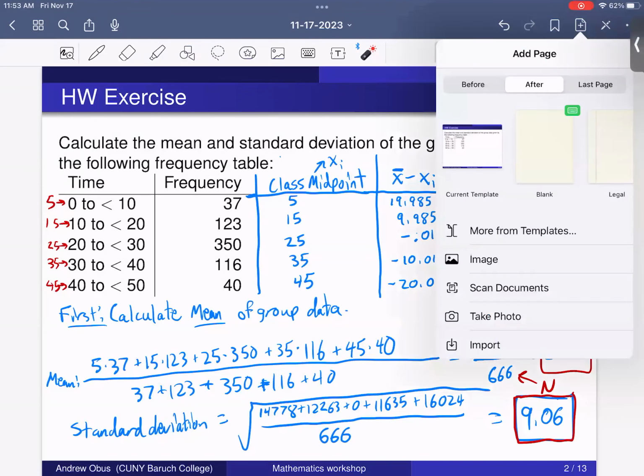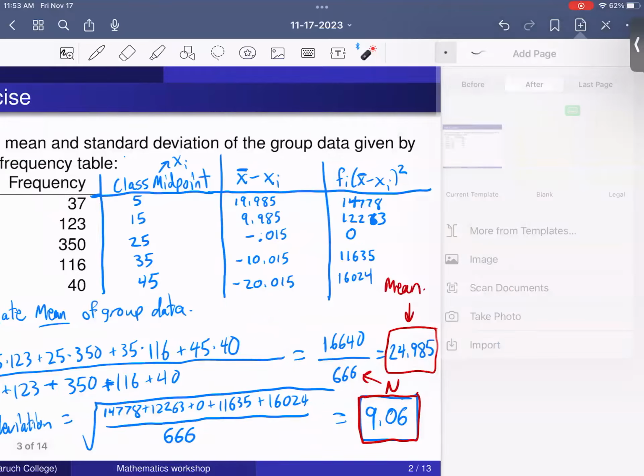Okay, let me add just an extra page. So this is an alternative formula for the standard deviation.